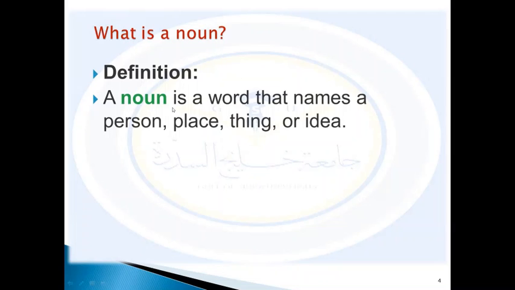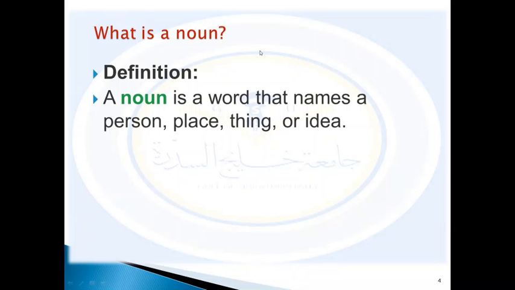When we say a noun is a word, that means basically a noun is a part of speech, or one of the word classes, whose function is to name. To name what?